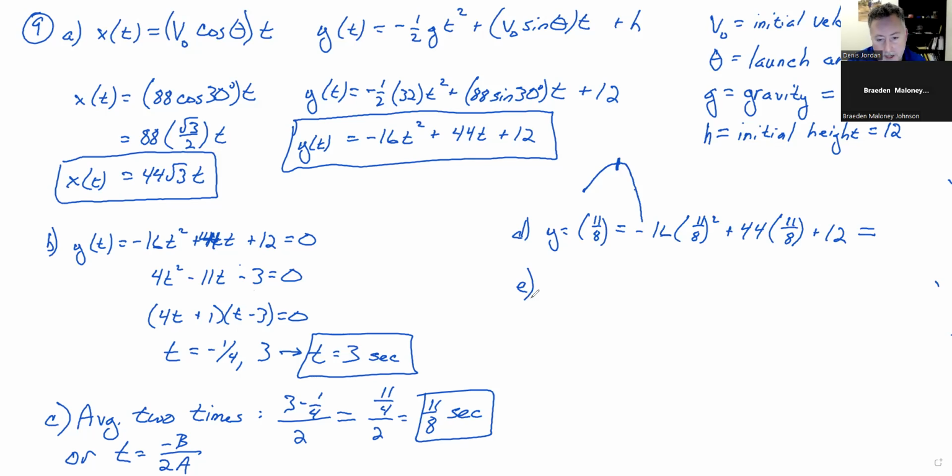So then for E, how far out from the cliff? You're going to take the time it's in the air, so the 3. And now you're going to stick it into the X equation. And that's usually the easiest one of the two equations to work with.